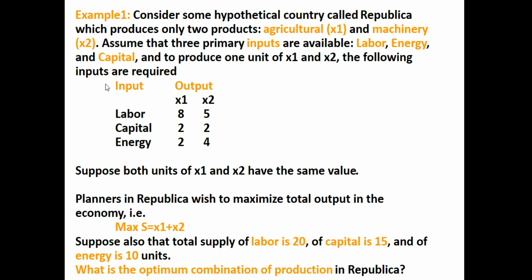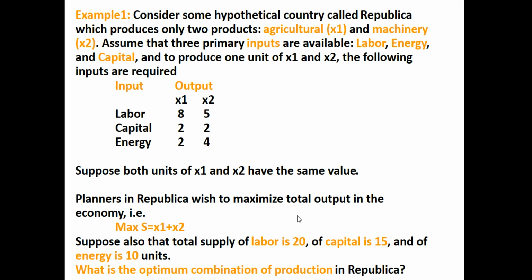The relation between input and output is shown here. Suppose both units of X1 and X2 have the same value. Planners in Republica wish to maximize total output in the economy. Suppose also that total supply of labor is 20, of capital is 15, and of energy is 10 units. What is the optimum combination of production in Republica?